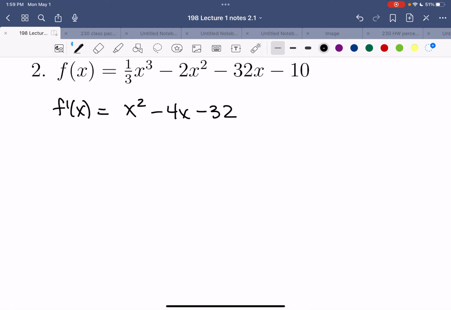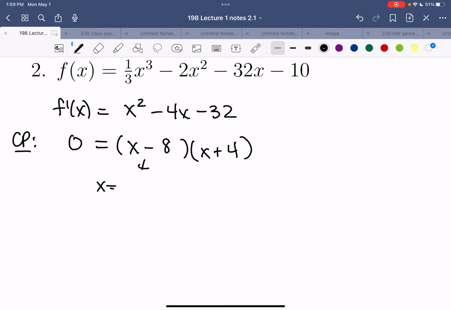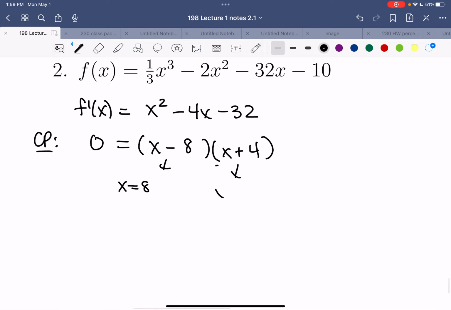From here, we find the critical points, so we set this equal to 0, and I'm going to factor it right away. I need 2 numbers that multiply to negative 32 but add to negative 4. That's negative 8 and positive 4, which gives me x equals 8 and x equals negative 4.